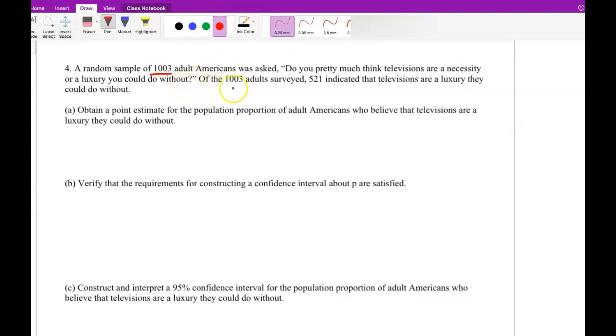Of the 1003 adults surveyed, 521 indicated that televisions are a luxury they could do without. So this is our sample size, n, and here is x.